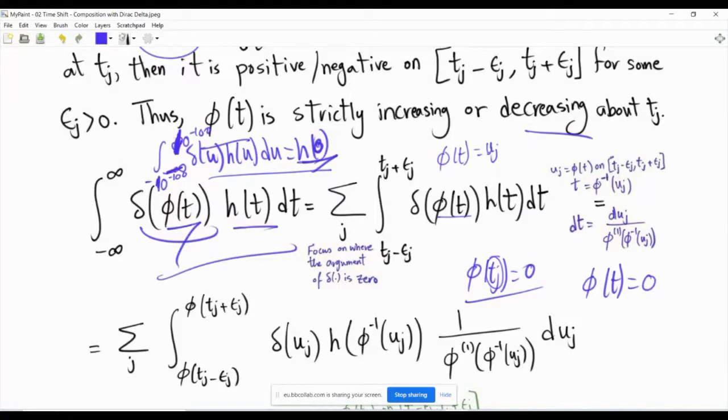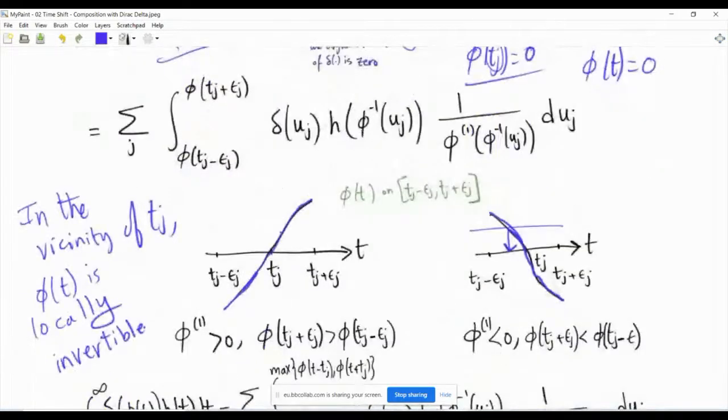That's a new variable, and we are talking about the interval from tj minus epsilon j to tj plus epsilon j. Epsilon j is chosen so that we have either this or that.